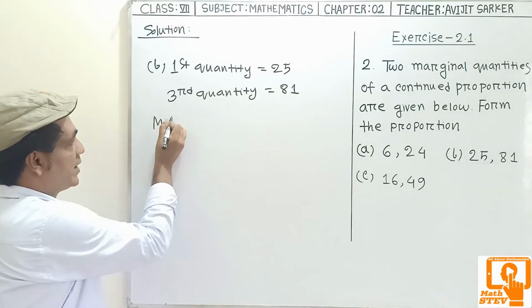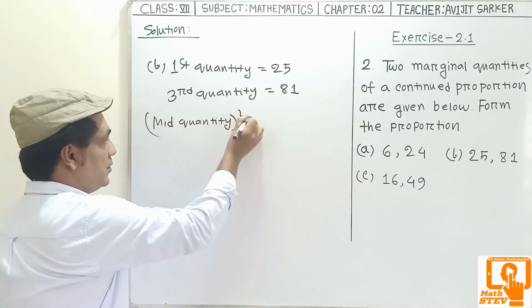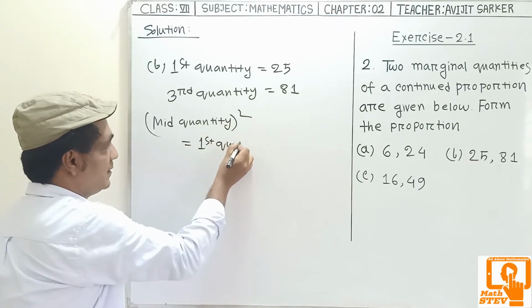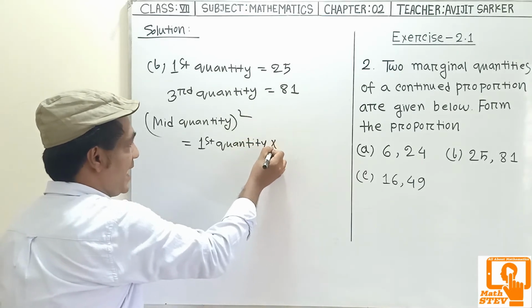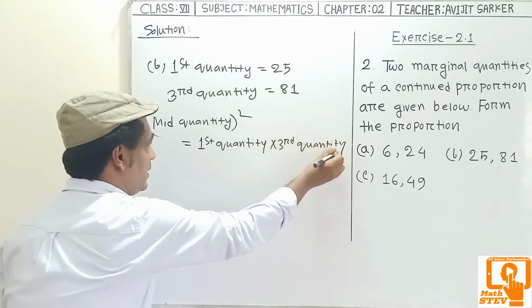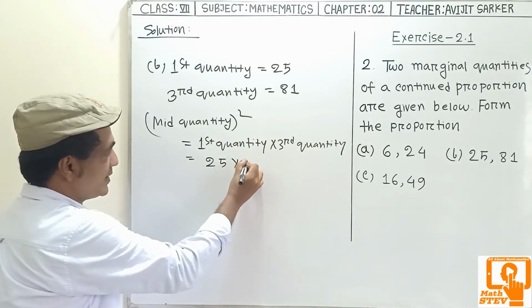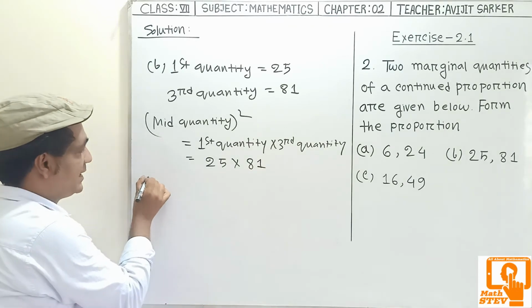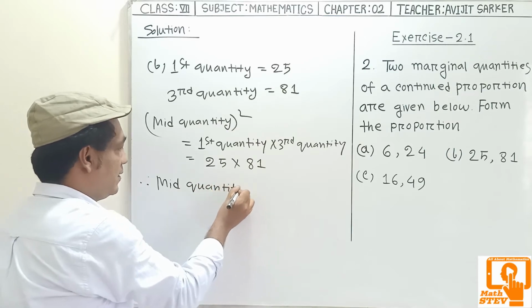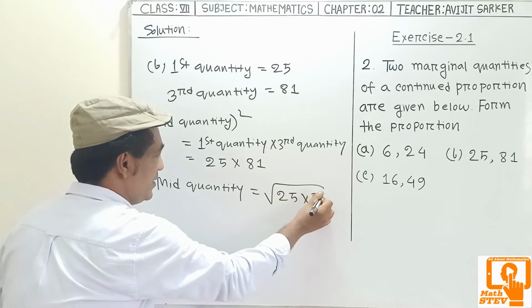Mid quantity square equals first quantity multiplied by third quantity, equals 25 multiplied by 81. Therefore mid quantity equals square root of 25 multiplied by 81.